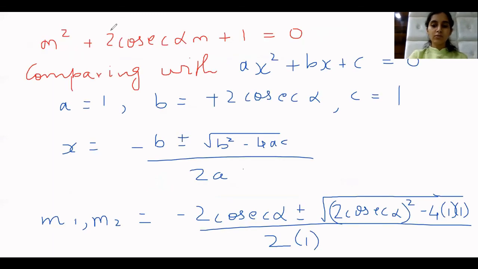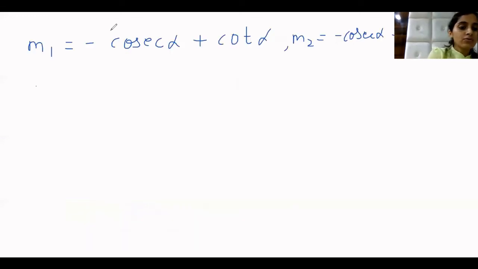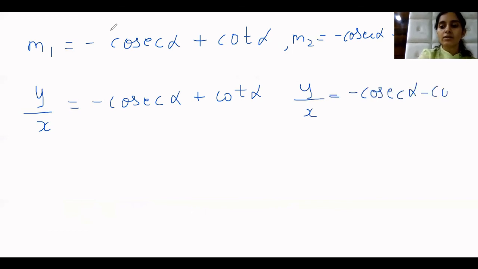What was m? Let's go back and check. m was y by x. So m1, m2 are the roots, so that will be y by x. Therefore y by x is equal to cosec alpha plus cot alpha, and here again y by x is equal to cosec alpha minus cot alpha.